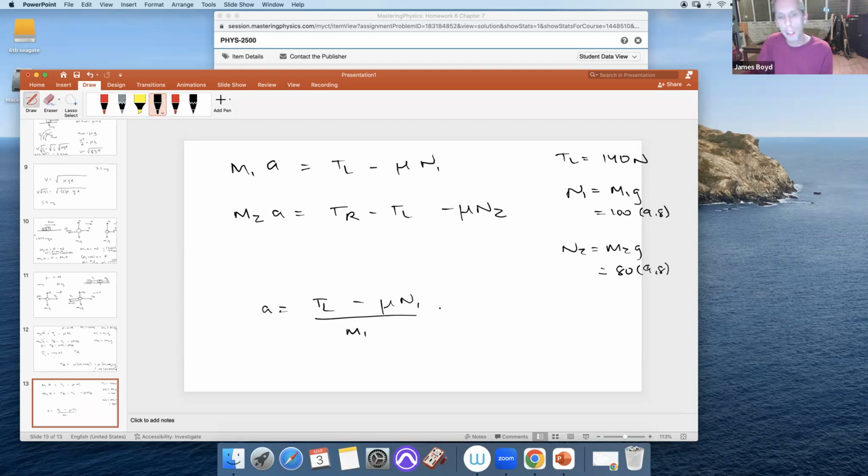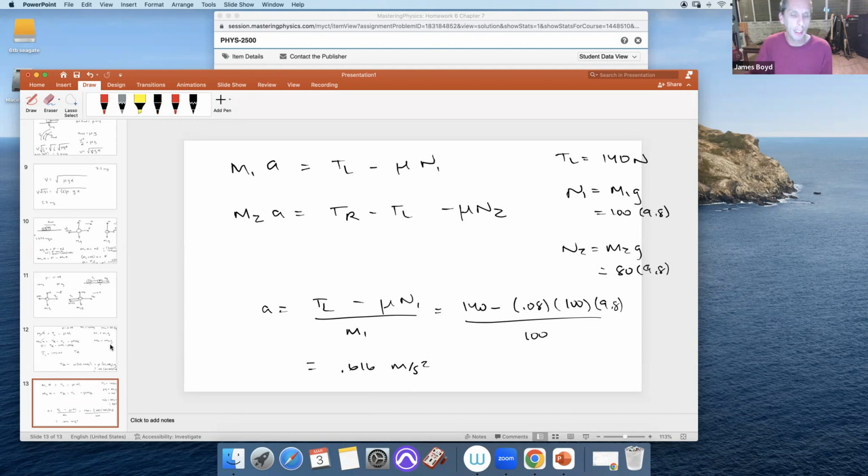This becomes 140 minus 0.08 times 100 times 9.8, over 100. And so my acceleration is 140 minus 0.08 times 100 times 9.8 divided by 100. And I get my acceleration at 0.616 meters per second squared.